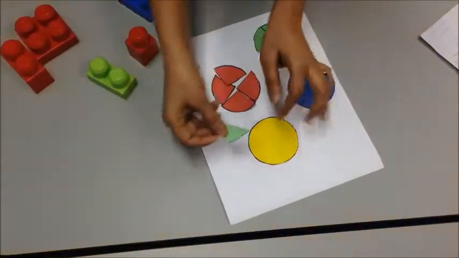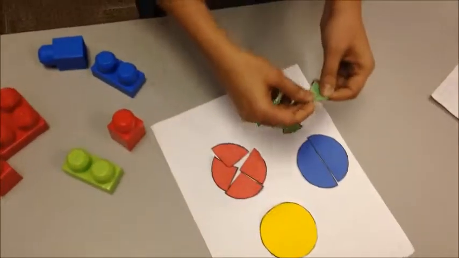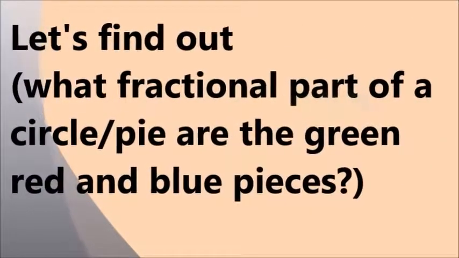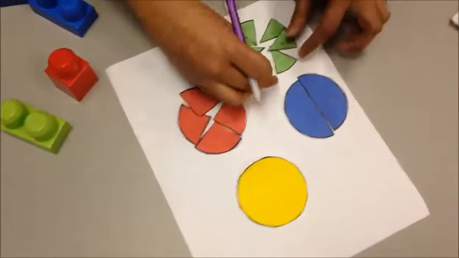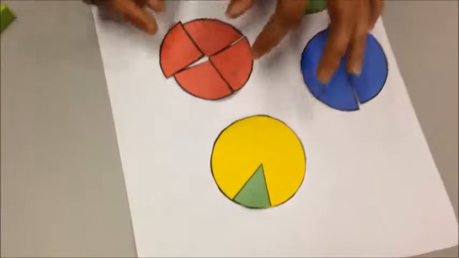What fractional part of a circle is this green piece of pie? Let's examine. There are 8 equal parts. Each part is equivalent to 1/8 of a whole circle. And the same thing applies here.